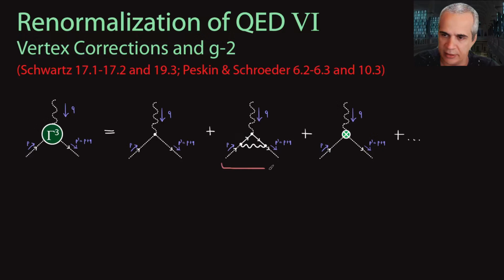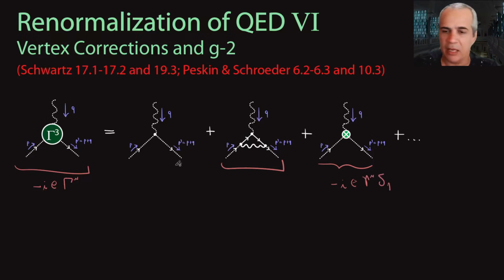right here. We know that this contributes to this 3-point function, which is the vertex function of QED, which at leading order is just this, but now we have the loop and the counter term. We call this minus i e gamma mu, and the counter term for this is just minus i e gamma mu delta 1.